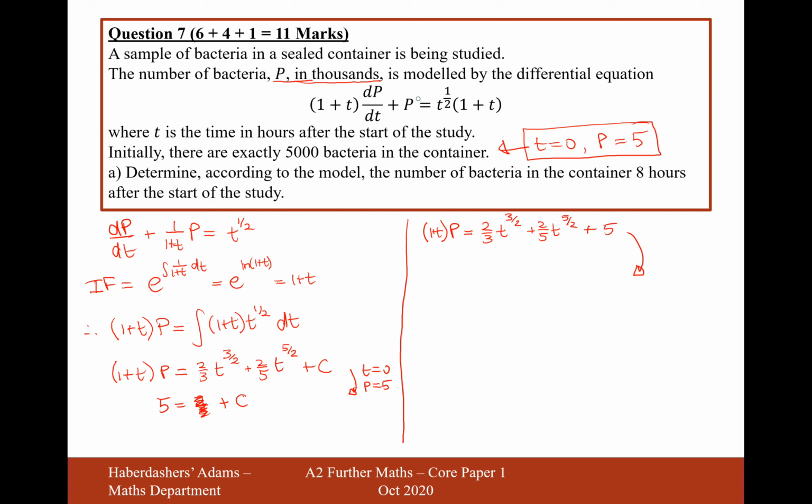Is t measured in hours? Let's just check, t is measured in hours. Good, so we'll just plug t equals 8 in. And we're going to get 9P equals 2/3 times 8 to the power of 3 over 2 plus 2/5 times 8 to the power of 5 over 2 plus 5.